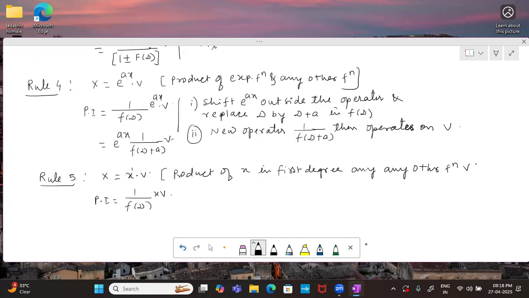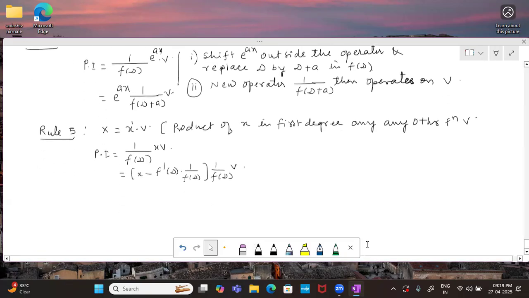So the working procedure or the working rule is like this. It is a formula directly: x minus f dash D into 1 upon f of D, bracket close, into 1 upon f of D operating on v. So that is the working procedure. Just remember this formula to apply this rule. And the conditions for this rule are: the first one, the power of x must be 1.